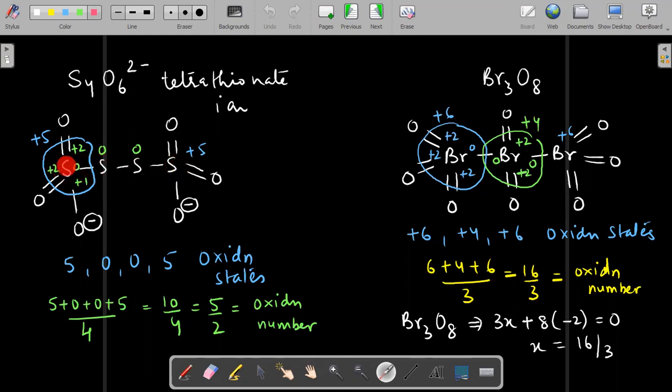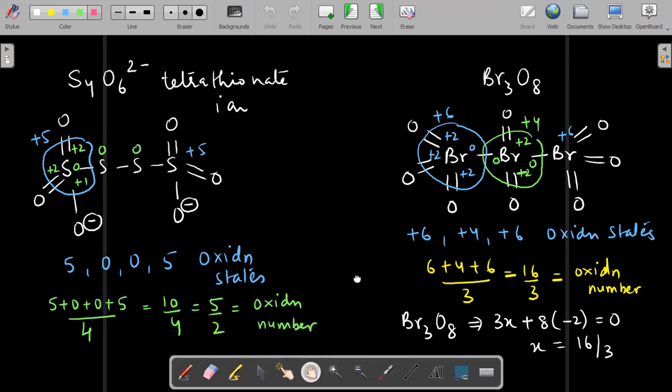So जब भी more than one atom is present, तो there might be a chance कि आपका state and number is different. ऐसे देखो, there are 3 bromines here, so the oxidation state and number here is different. कभी भी एक एटम होता है, for a single atom the state and number is always same.